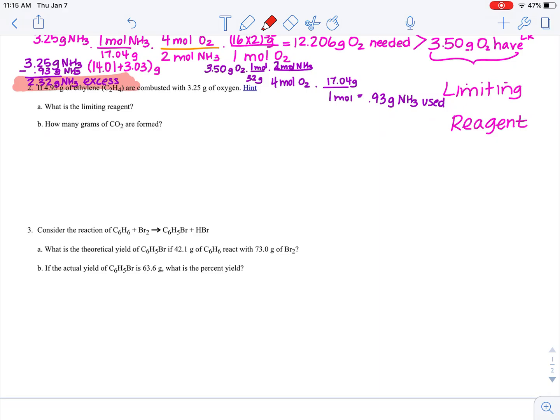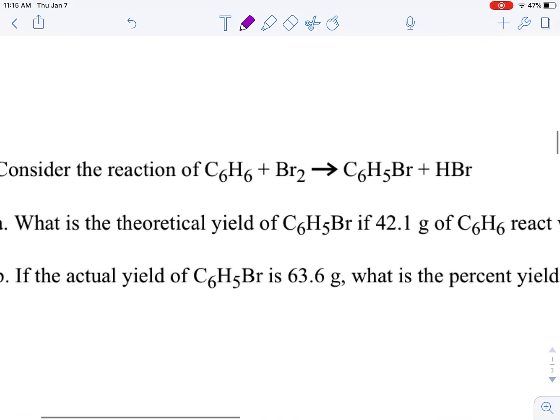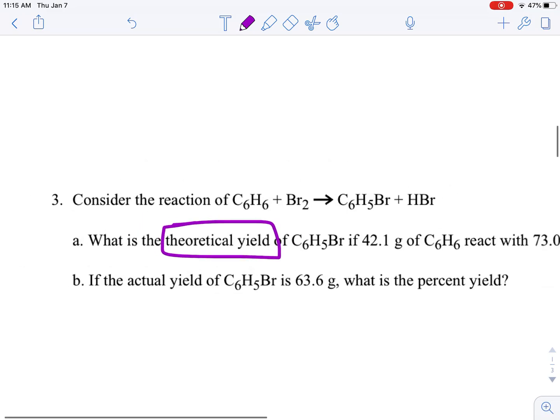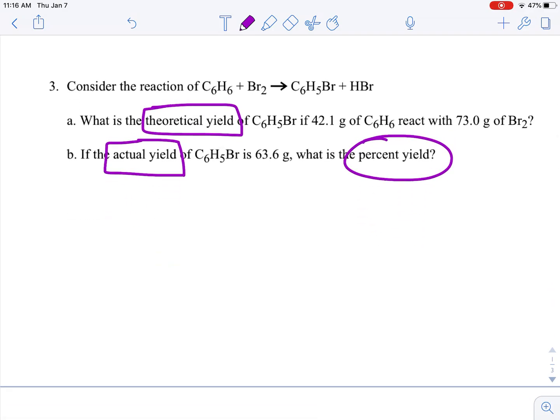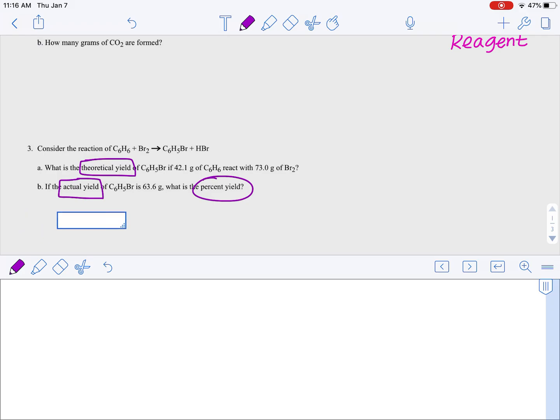The last thing we're going to talk about in this lecture comes up in question number 3. As we look at this chemical reaction, the question asks, what is the theoretical yield? And then they give you in part B the actual yield and ask you to calculate the percent yield. Let's start with the word percent yield.